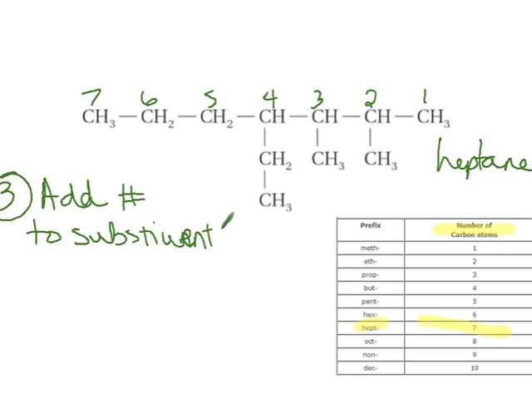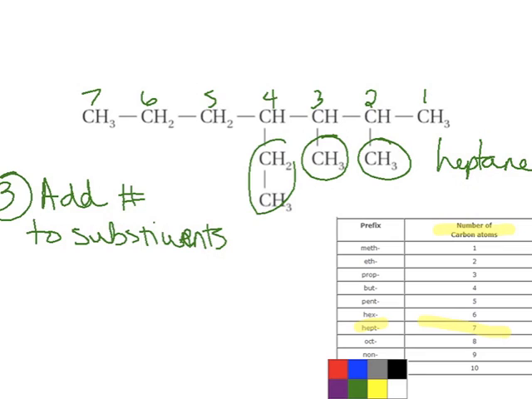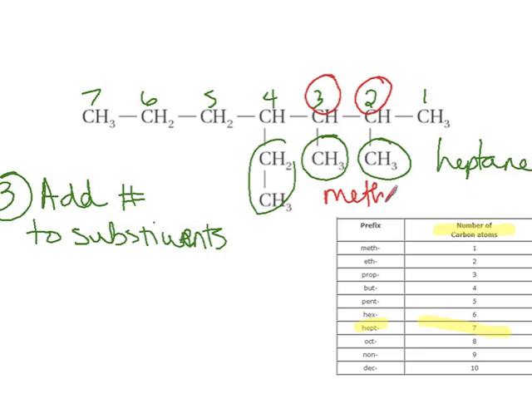Substituents. So, this is a substituent. This is a substituent. This is a substituent. This one is on 2. This one is on 3. These are both methyls. They're methyl because they've got 1 carbon.